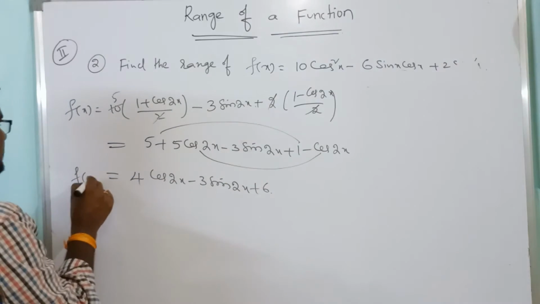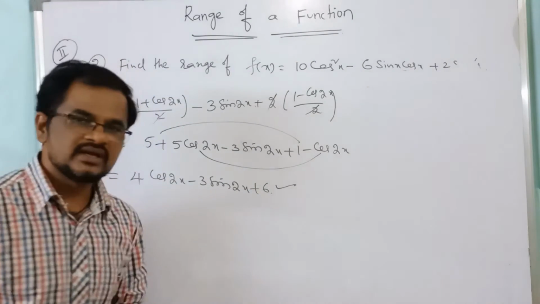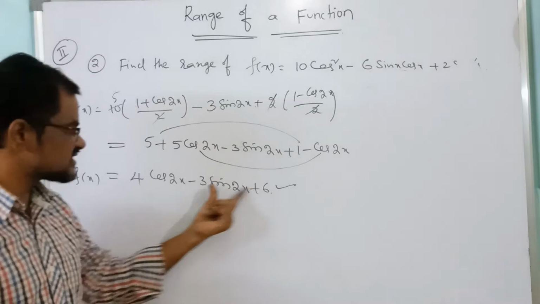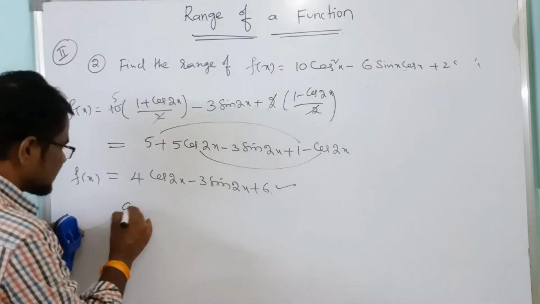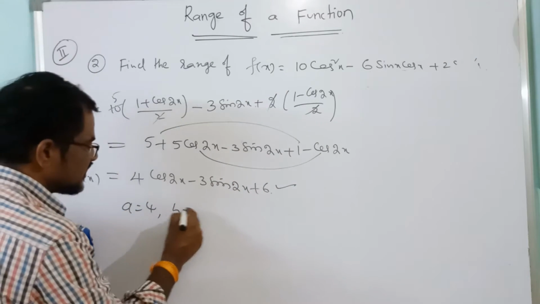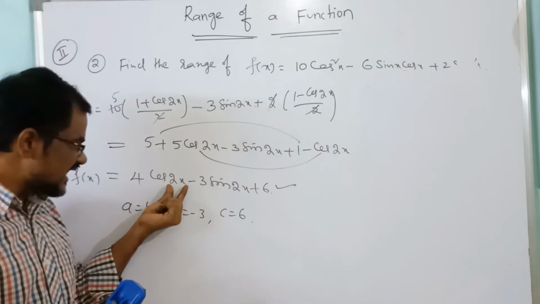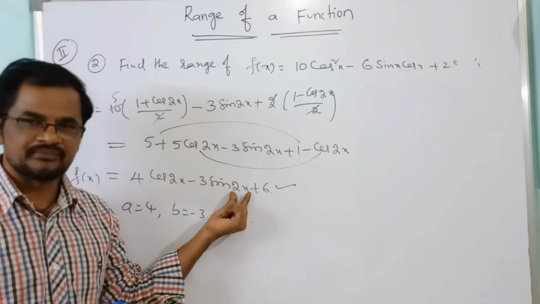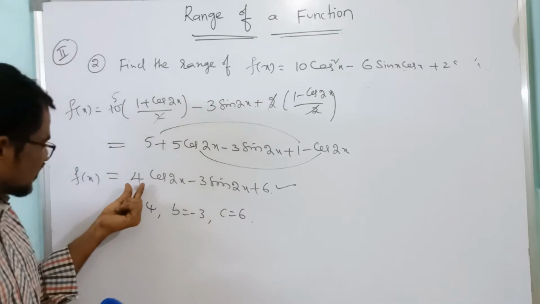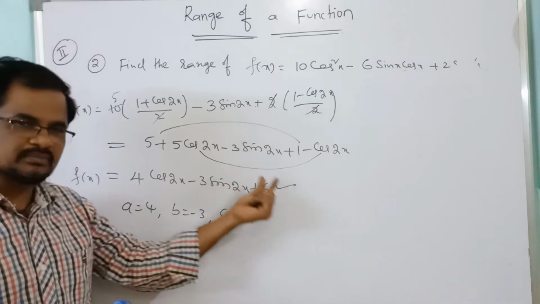Now once you observe this function, it is in the form of a cos x plus b sin x plus c. So here a equal to 4, b equal to minus 3, c equal to 6. The angle should be the same in both, then it is in the form of a cos theta plus b sin theta plus c.